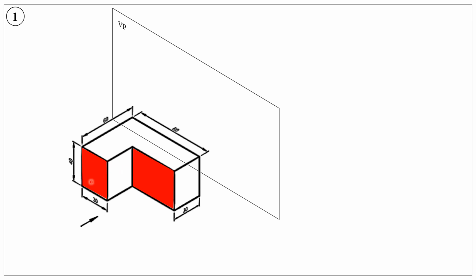So even though these two red color plane surfaces are separated by a distance, in other words, they are not in the same plane, when they are projected onto the vertical plane, the image will be on a single plane.